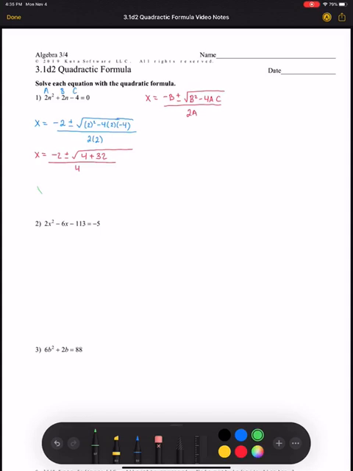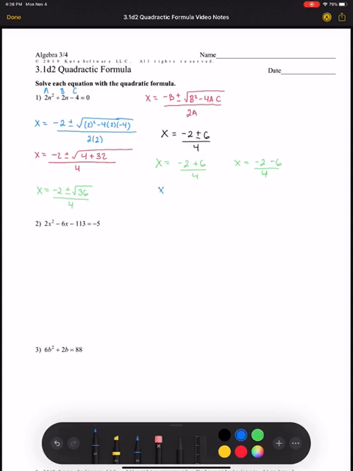Okay, from here, x equals negative 2 plus or minus the square root of 4 plus 32 is 36, all over 4. The square root of 36 is going to be 6, so x equals negative 2 plus or minus 6 over 4. So what I have here is two equations. I have x equals negative 2 plus 6 over 4, and I have x equals negative 2 minus 6 over 4.